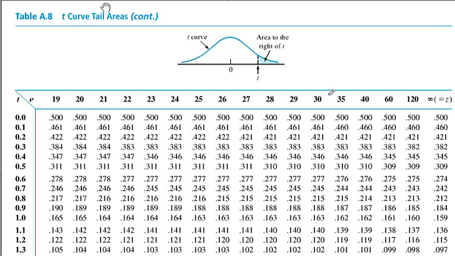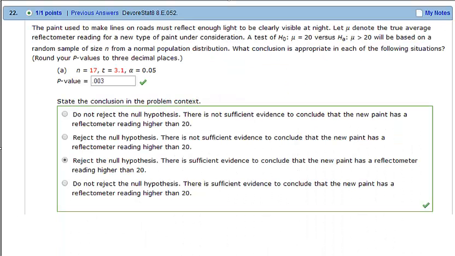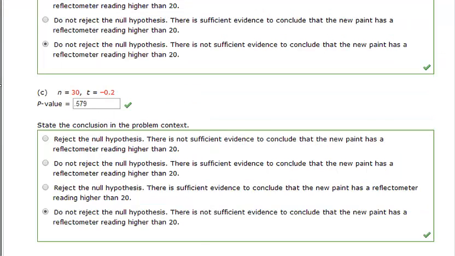So n is 30, so my degree of freedom would be 29. 0.2 would be 0.421, but it's negative, so in order to get that value, you do 1 minus 0.421. With that, you'll get 0.579, and there we are, the 0.579.